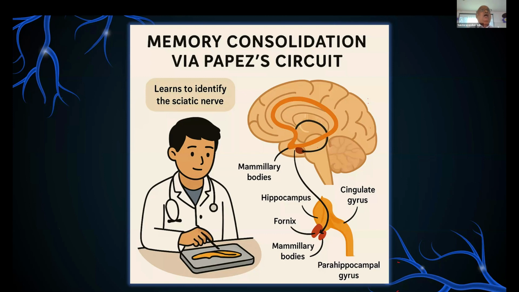So that memory is repeated, and it gets consolidated through a process called long-term potentiation. Once it is consolidated, which is otherwise called retention of short-term memory, it is once again transferred to the neocortex. That's why the neocortex is the center for long-term memory. That's what you are learning.